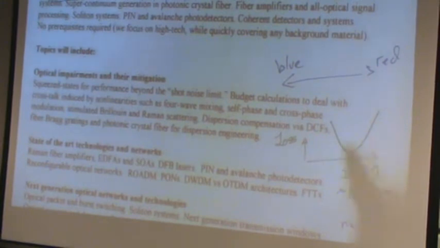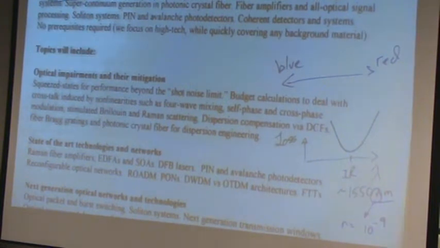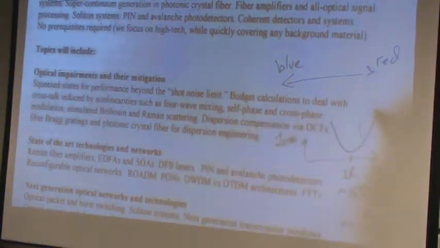Right? And so you've got this narrow band of frequencies over which you have low loss, and that's where your telecommunication systems operate. So this is maybe regular fiber. This is existing or state-of-the-art.